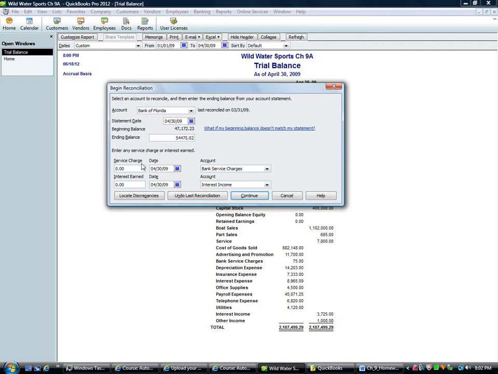They're telling us that there were service charges that the bank charged us. The bank statement shows service charges of 25. So we're going to include that because that's not in our books yet. They're in the bank's books, so we have to include them in our books, and we earned 35 of interest. It's not going to happen, but all right. So then we're going to go save and continue.